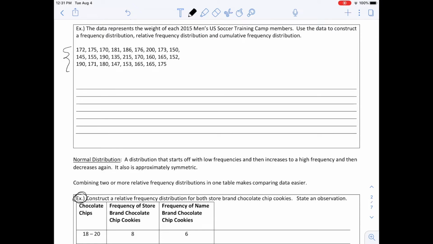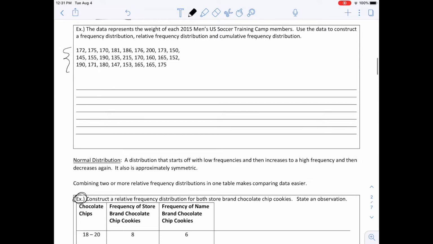So I'm going to tell you that our first lower class limit is going to be a weight of, we'll say, 130.